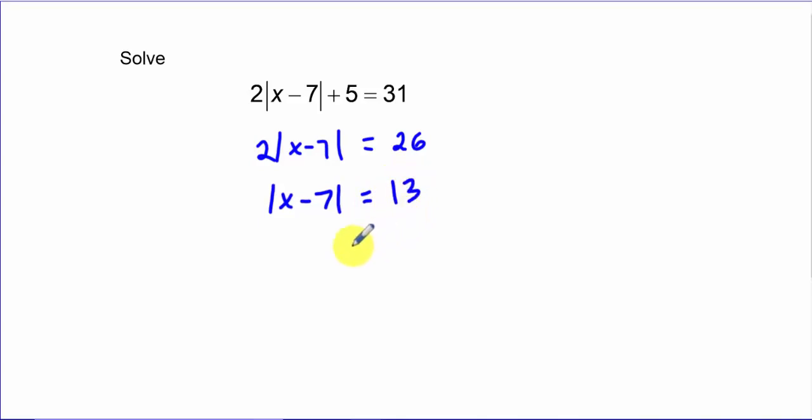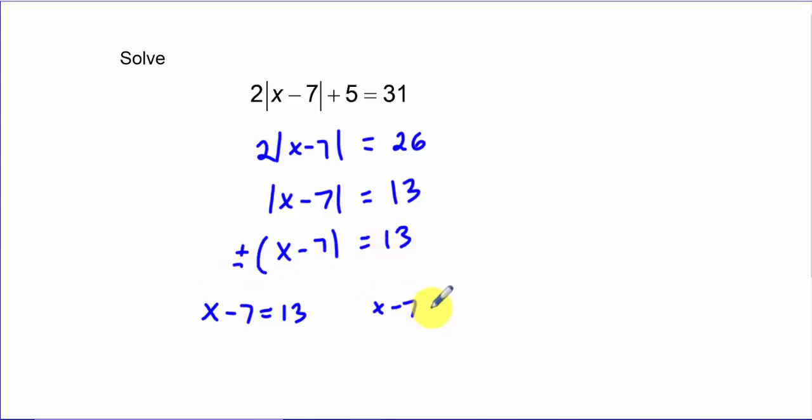It's equal to 13. Remove the absolute value by taking the plus and minus of x minus 7 is equal to 13. That means I have x minus 7 is equal to 13, and x minus 7, I'm just going to multiply the negative over right now, is equal to negative 13. So I have values of x equaling 20 and x equaling 6.